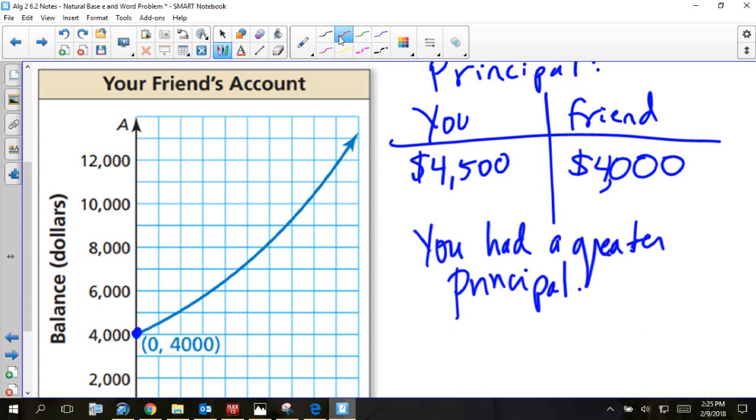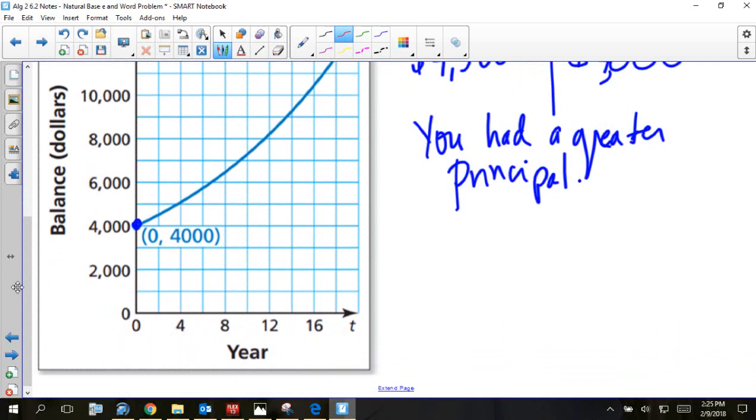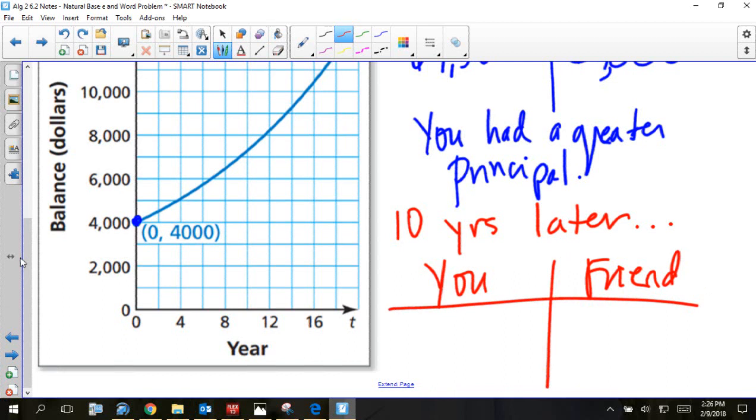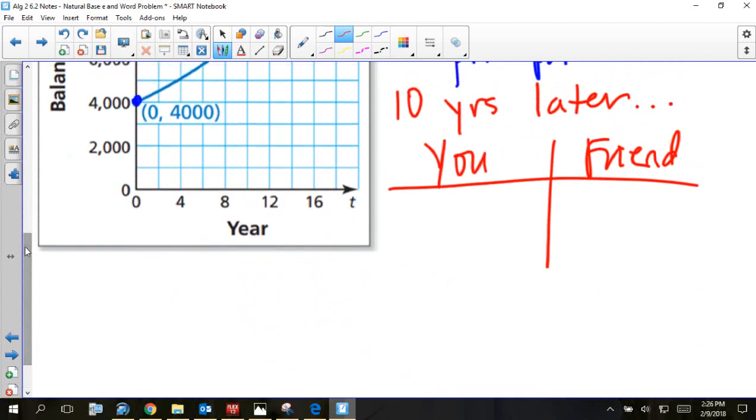Second question is, after 10 years, who has more in their account? After 10 years, who has the higher balance? So after 10 years, you or your friend. So we're going to use the equation for you. After 10 years, we're going to do $4,500 multiplied by e to the, and I'm using the formula they gave, 0.04 multiplied by 10.